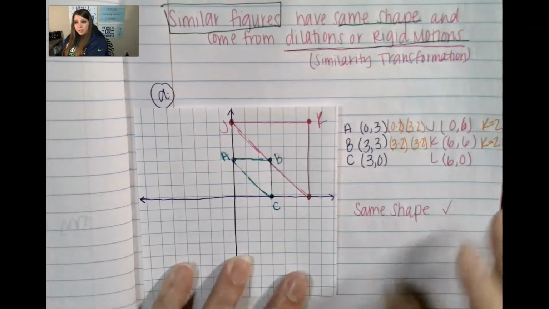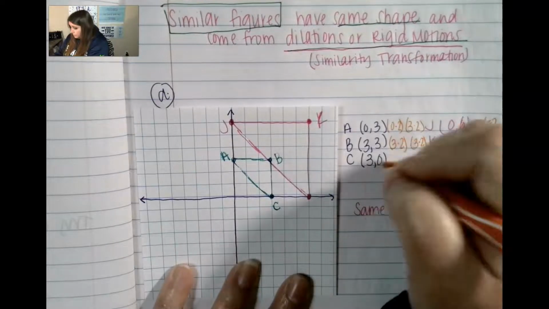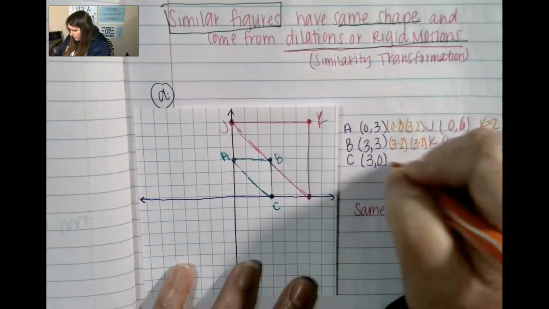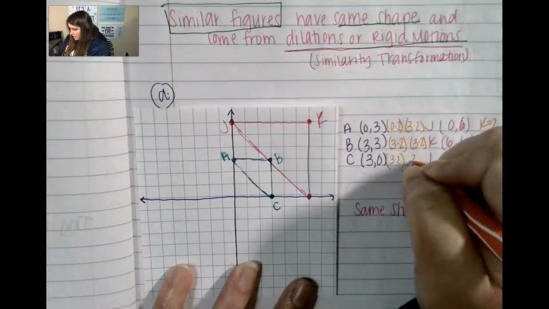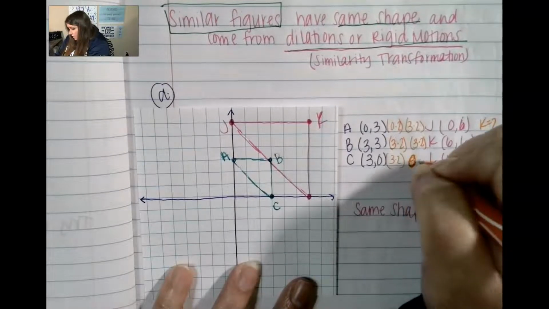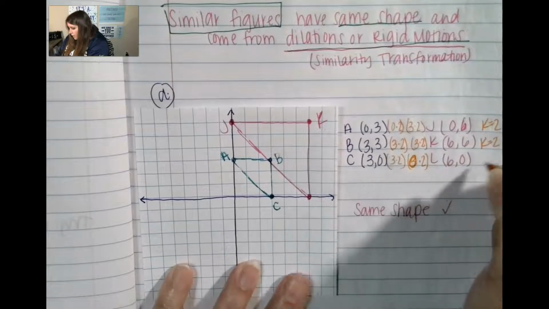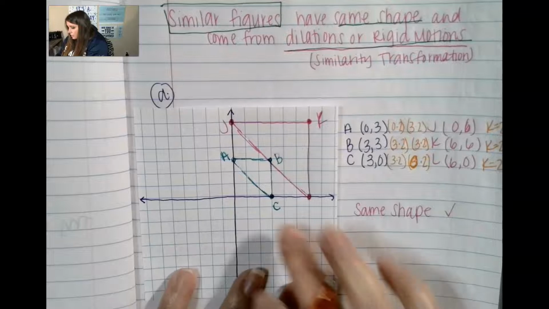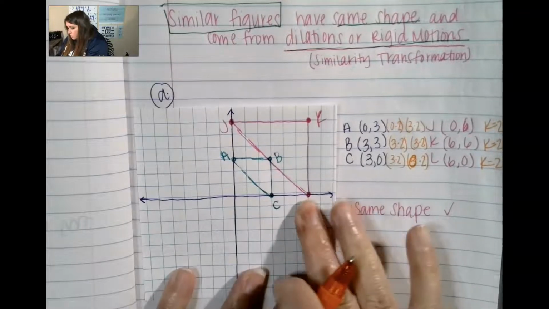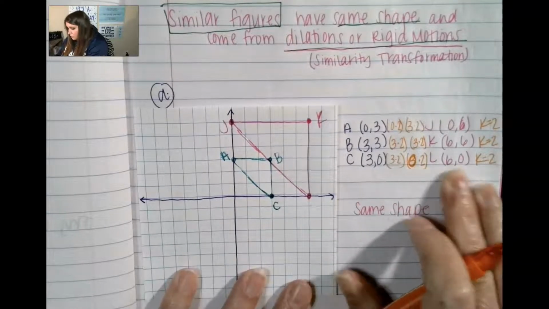So let's check our last one. 3 times 2 gives us 6, and 0 times 2 is still 0. Zeros are kind of tricky, but if we multiply 0 by 2, we do get 0.